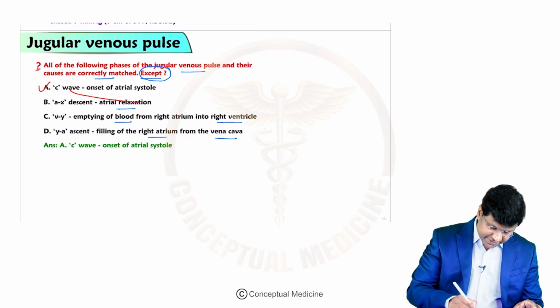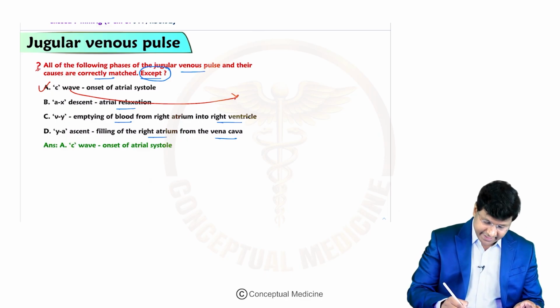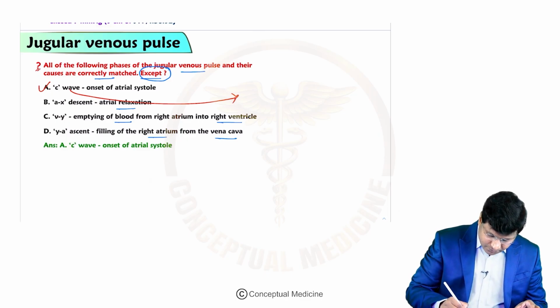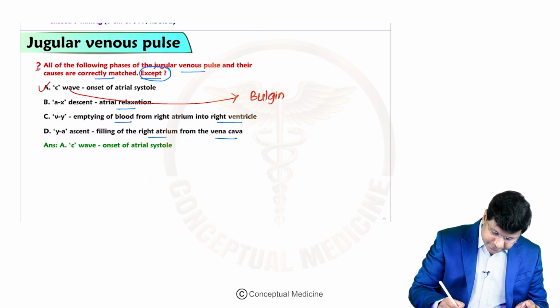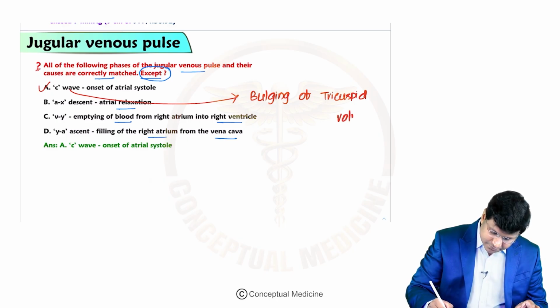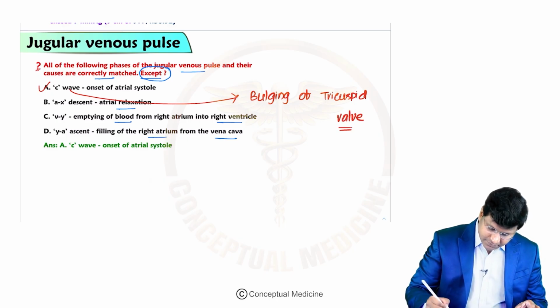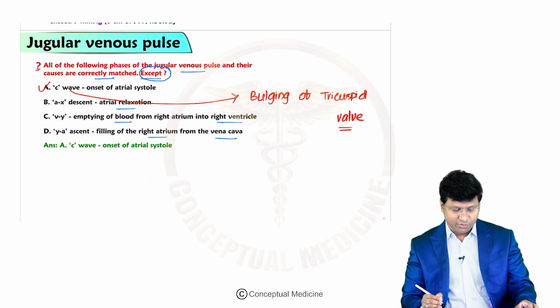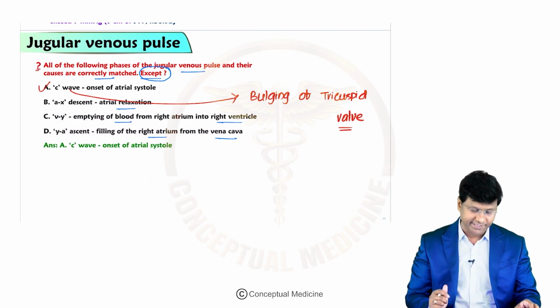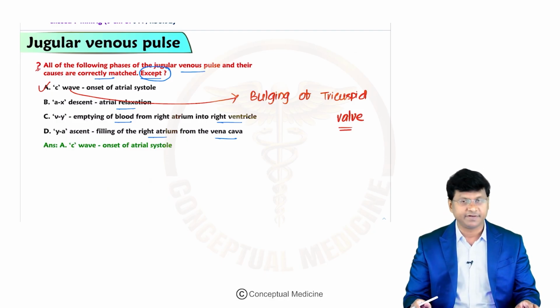What does the C wave represent? The C wave represents the bulging of the tricuspid valve into the right atrium. That is what the C wave represents.